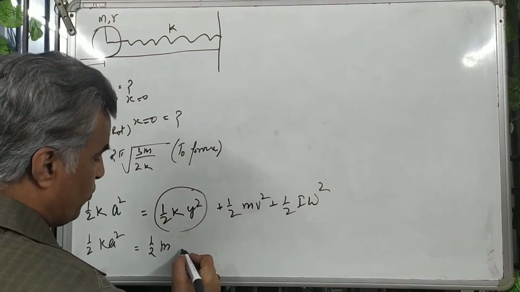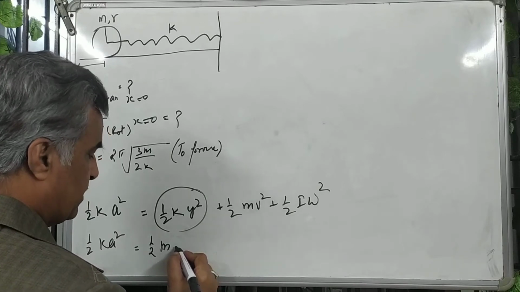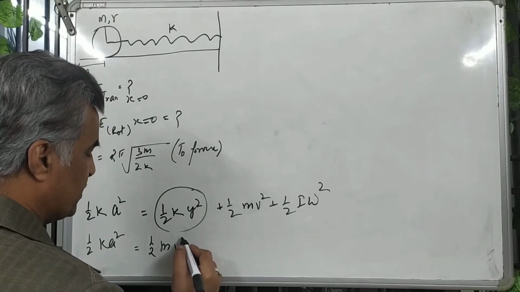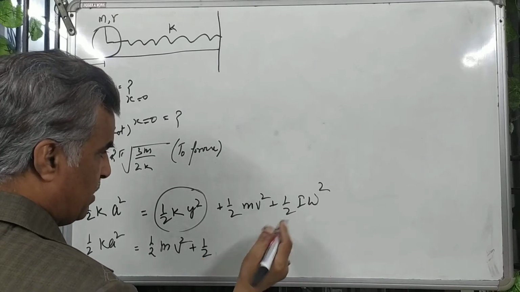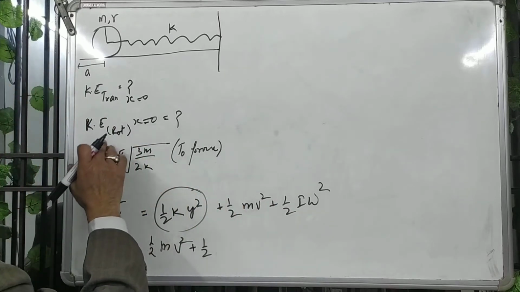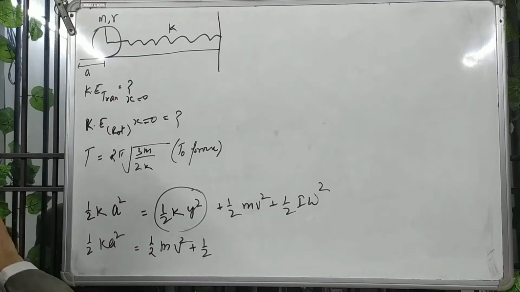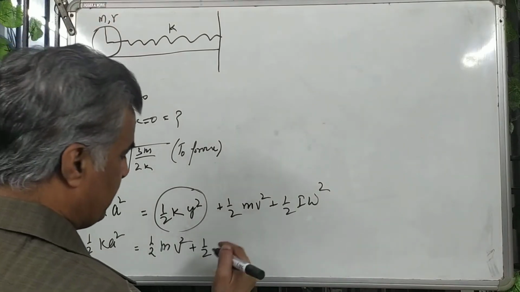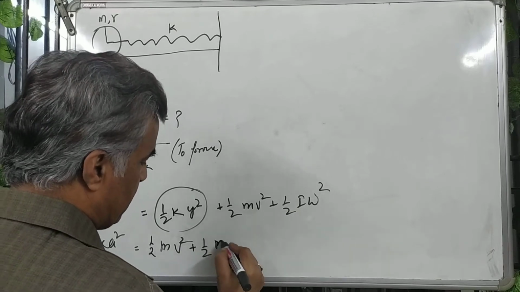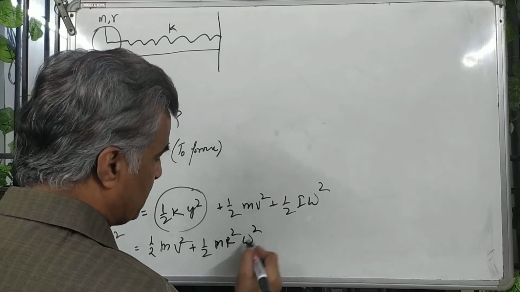We have to find the translational kinetic energy at x equals 0, and that is half m v square plus half inertia, m r square, omega square.